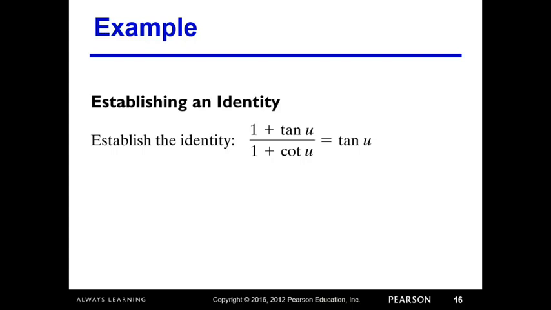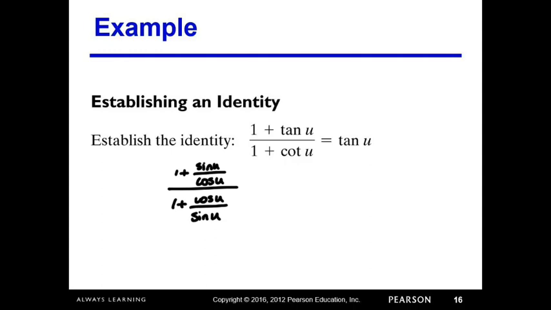I did sine and cosine again. That's usually the place I start when I start to do an identity. So that becomes 1 plus sine u over cosine u over 1 plus cosine u over sine u. Okay?